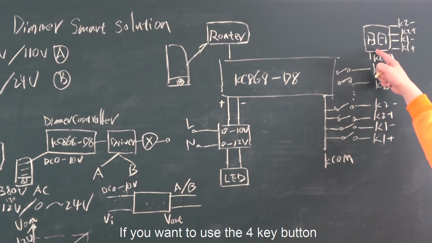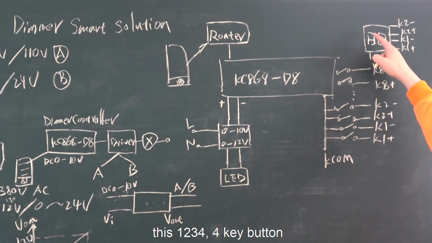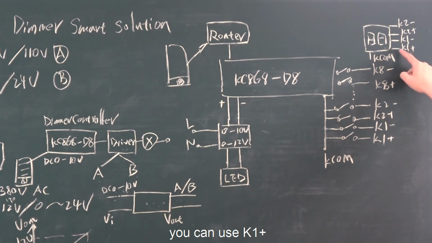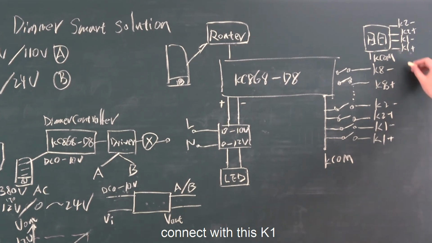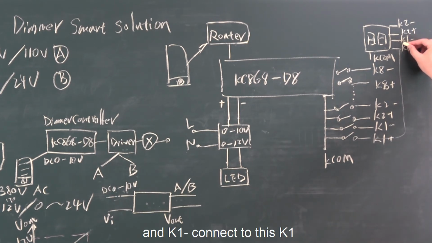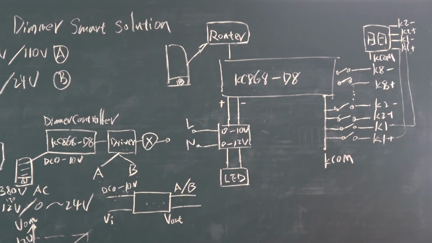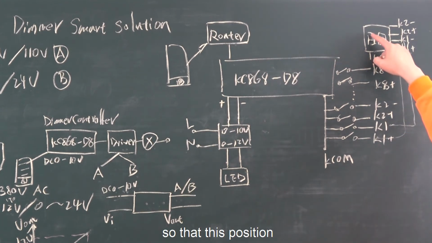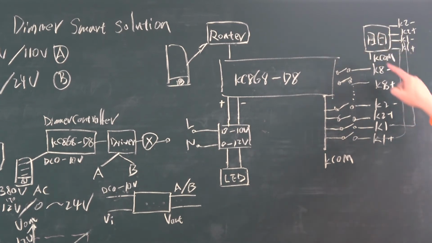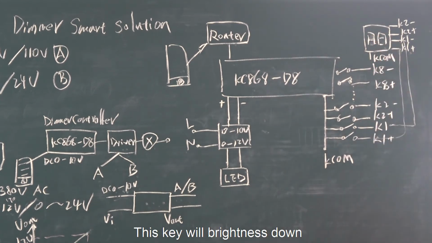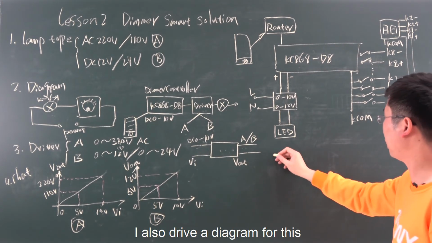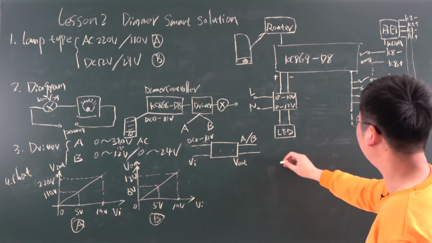So if you want to use the 4K button, this 1, 2, 3, 4 button, you can connect K1 up to this K1, and K1 down to this K1. So this key will brightness up, and this key will brightness down. And how it works, we can also draw a diagram for this.